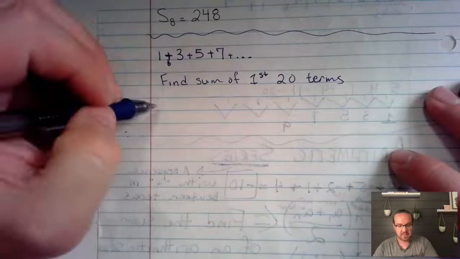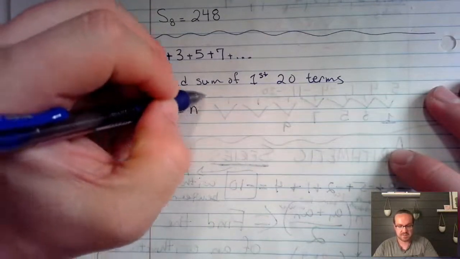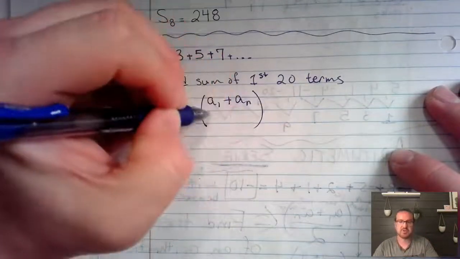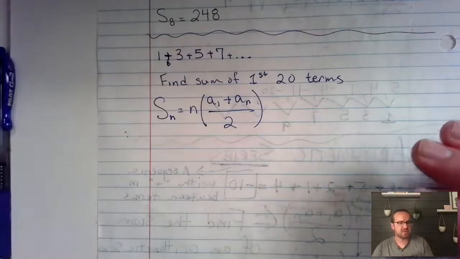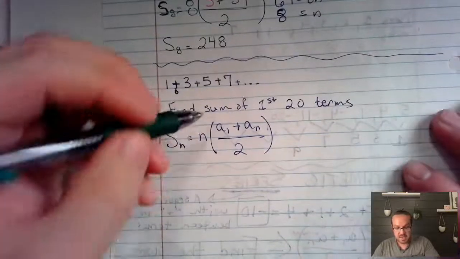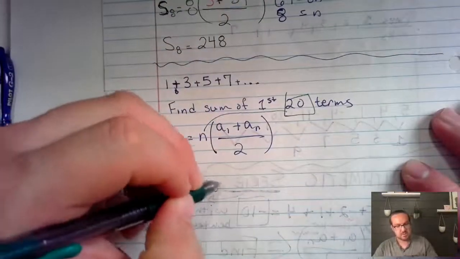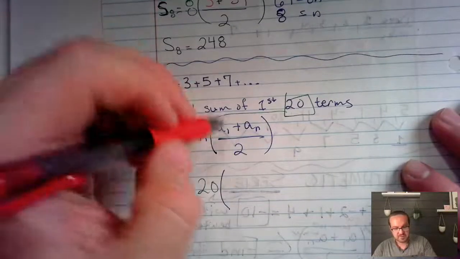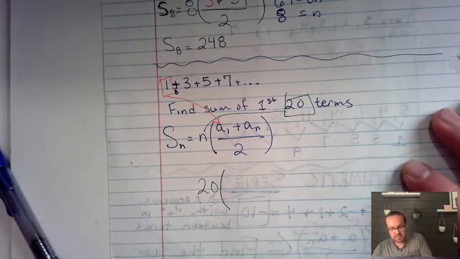I have my formula S sub n equals the quantity of n times a sub 1 plus a sub n all over 2. What do I know here? Is there any information that I know? Well, I know n. n is just 20. I actually also know my first term. My first term is just going to be 1 in this case. So I'm going to make that a 1 here.